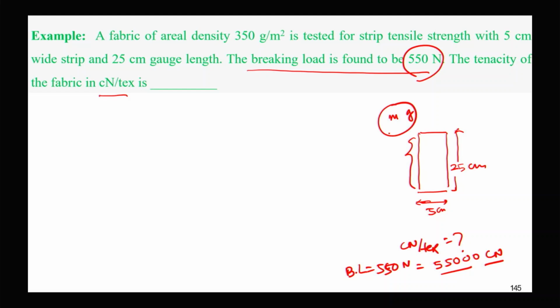For m gram, the length is 25 centimeter. So 25 centimeter length weighs m gram. So what will be the mass for 1 kilometer? That will be the tex of this fabric section. Tex we can calculate.